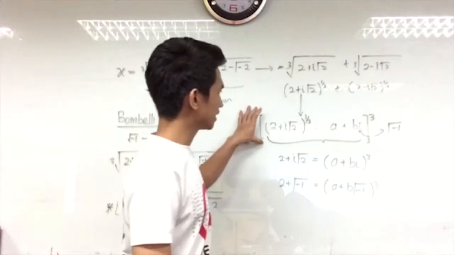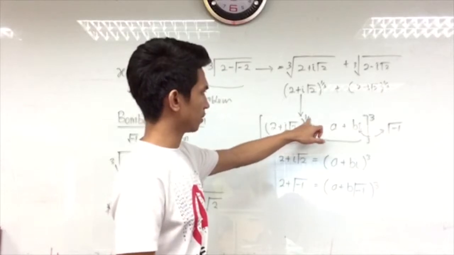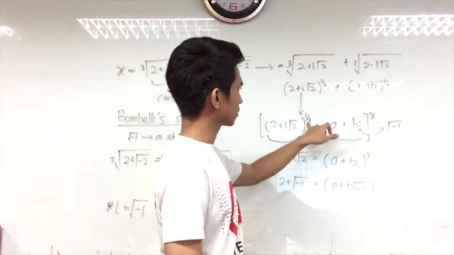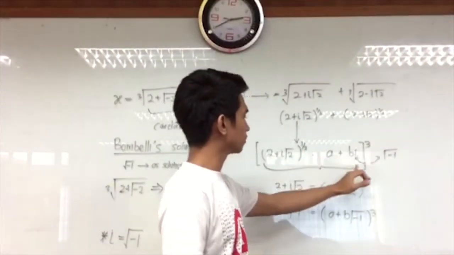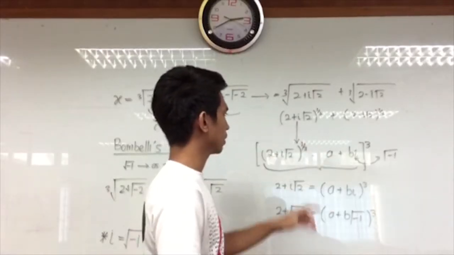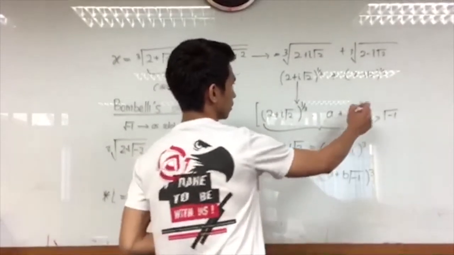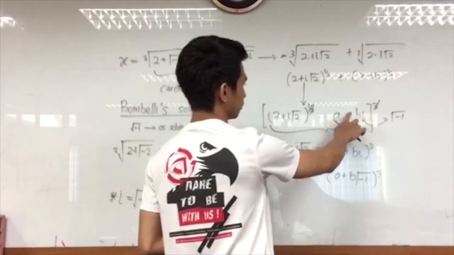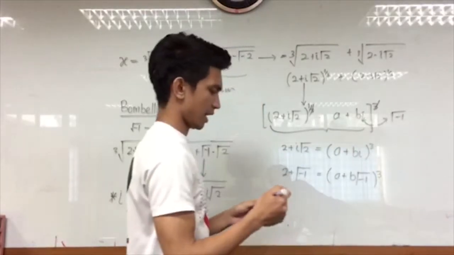As we can see, this equation still contains a square root of 3. To solve this problem, we need to eliminate this square root of 3 first. So we cube the whole equation to eliminate this square root of 3. So this will be cancelled out and we get the cube of a plus bi.